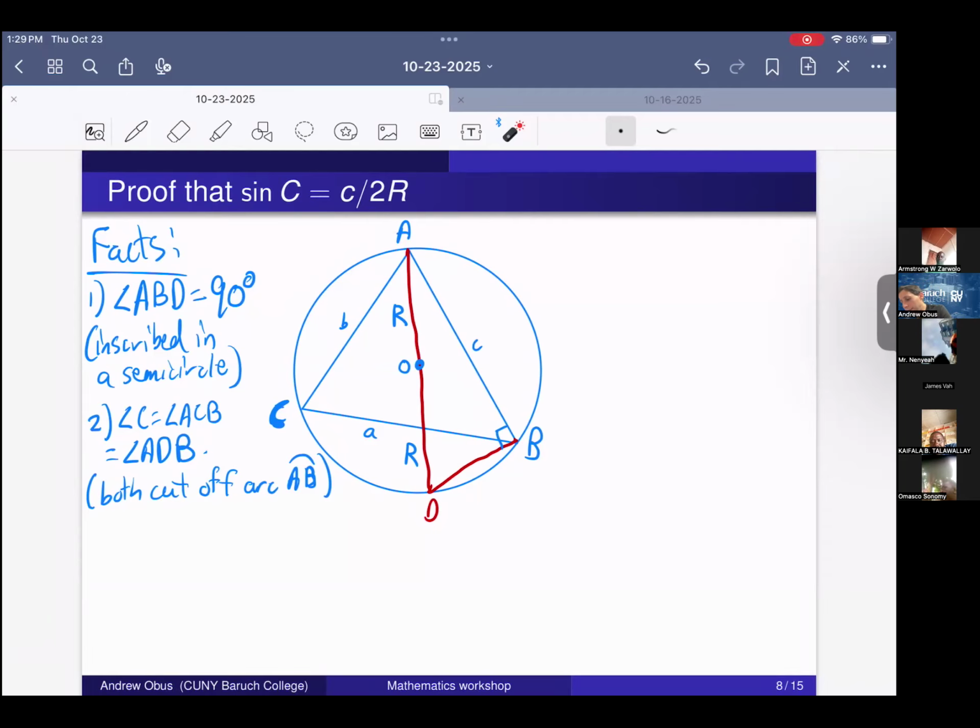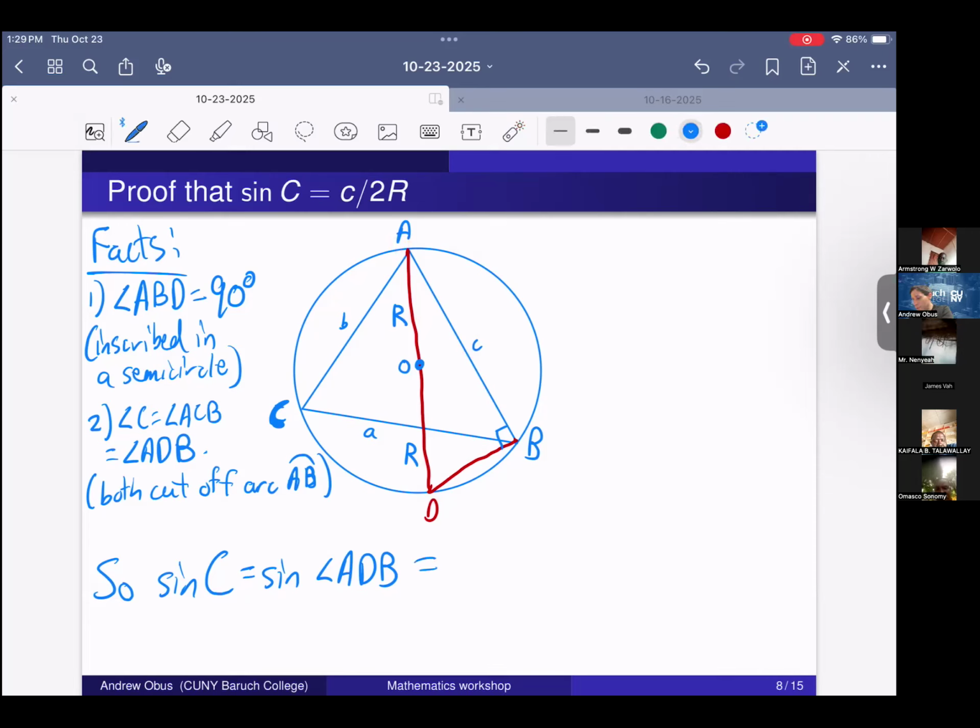So what does this tell us? What's the consequence? So sine of C has to be the same thing as sine of angle ADB, right? Because they're the same angle, they have to have the same sine. And what is ADB? Well, this is in a right-angled triangle, so it's the opposite side from the angle divided by the hypotenuse of the right triangle.